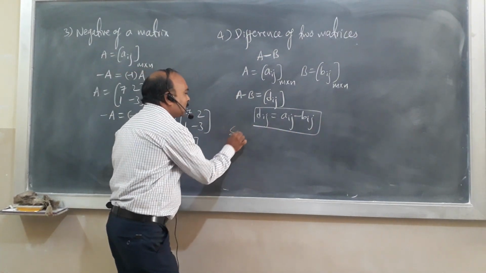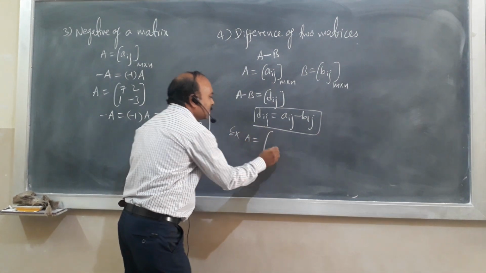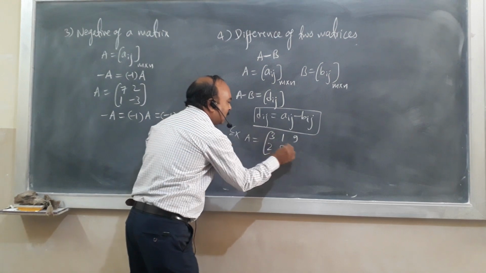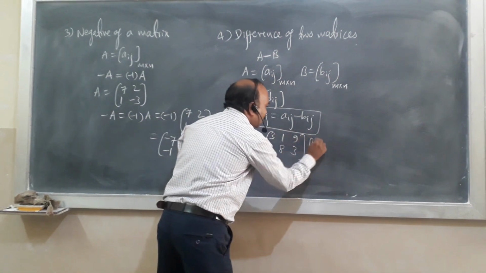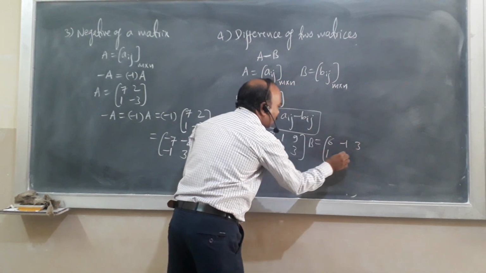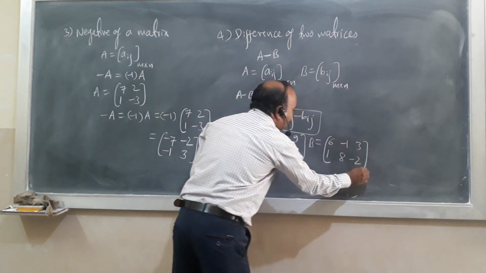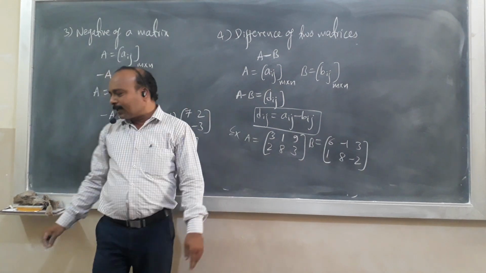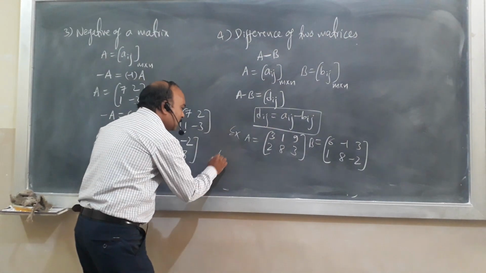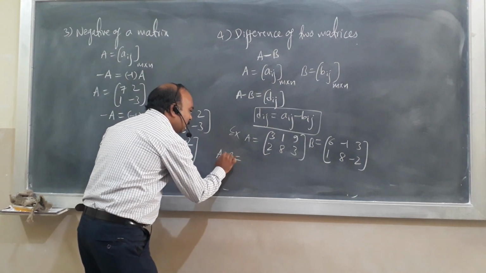For example, if A equals 3 1 9 2 8 3, and B equals 6 minus 1 3 1 8 minus 2. If they are given two matrices and you want to find A minus B, that is the difference of these two.